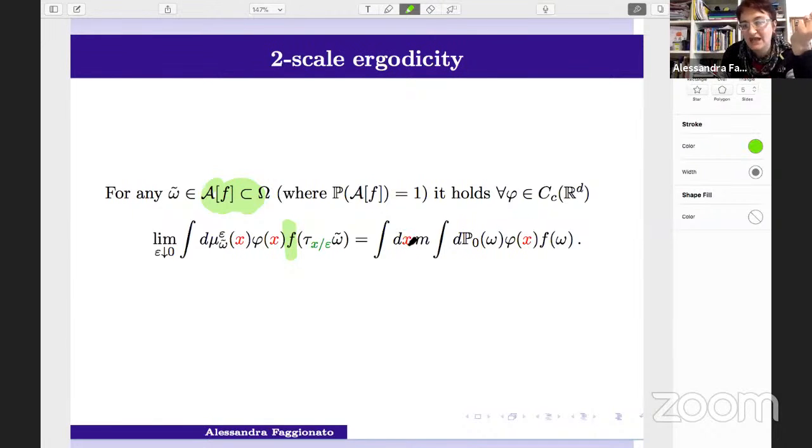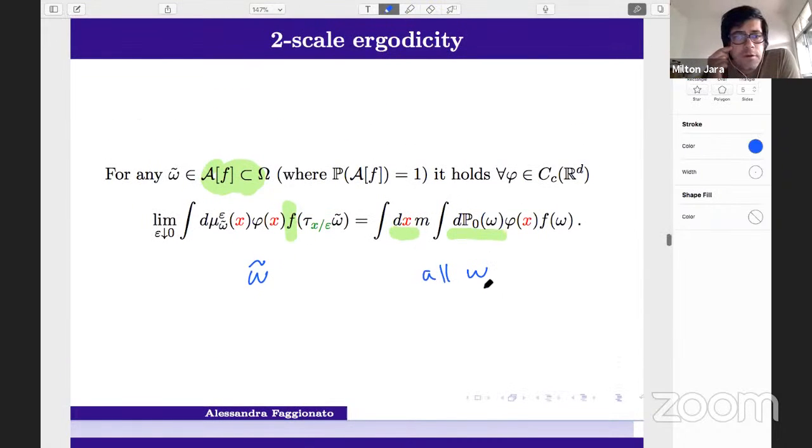Here we have a spatial average, an integral with respect to x, but we also have an average over all environments. Look, on the left-hand side we have only one environment. The effect of taking the limit of epsilon going to 0 makes an average over all environments omega emerge. So this is the ergodic property.